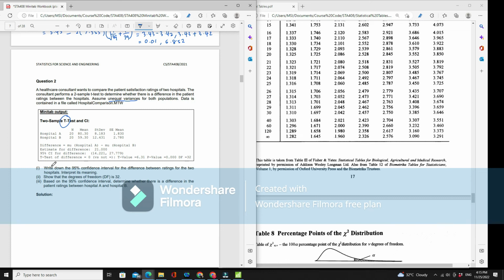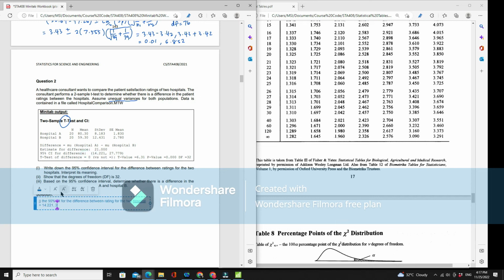The question is, write down the 95% confidence interval for the difference between ratings for the two hospitals. Interpret its meaning. So number 1, the 95% confidence interval for the difference between ratings for the two hospitals, from the output, equals 14.221 and 27.779.